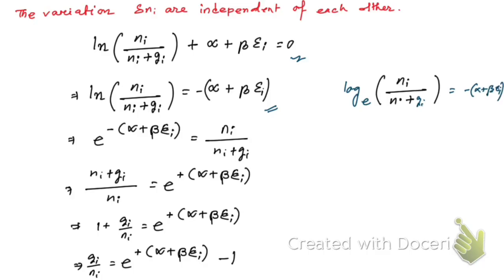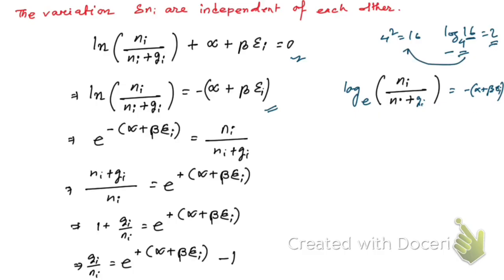So hope you know what is log. Suppose you have 4 squared is equal to 16, that means log of 16 base 4 is equal to 2, right? So in this case, if log of 16 base 4 is equal to 2, now compare this 16 with this e, the base with 4, and 2 with this one, then what will you get?